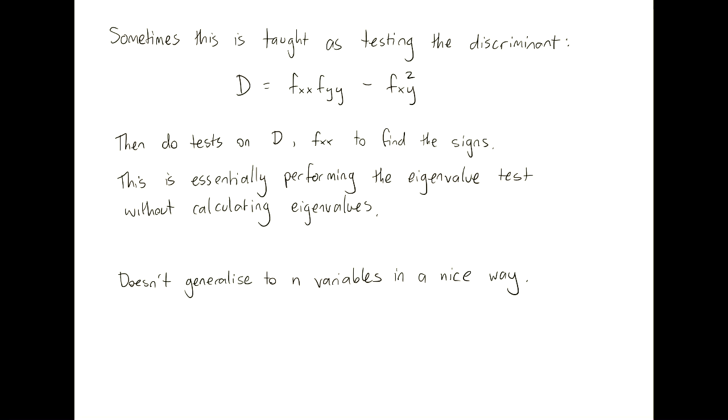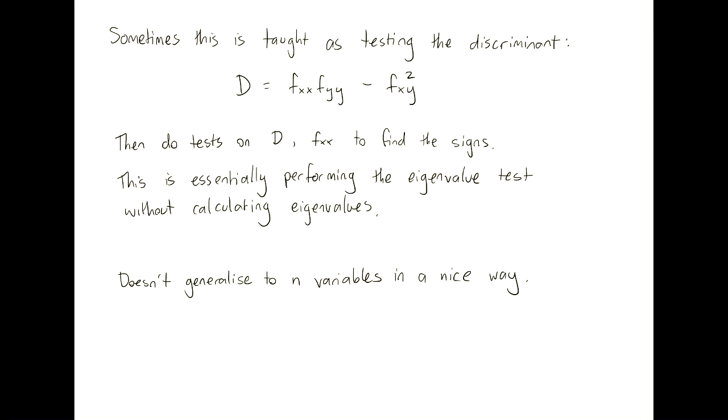Then you do tests on D and fxx, which tells you whether you have a local maximum or a local minimum or a saddle or inconclusive. But what you're doing when you do this, if this is what you learned, is you are doing the eigenvalue test. These are the criteria that tell you the signs of your eigenvalues. It makes sense. The discriminant is related to the determinant of our matrix, and the sign of fxx will tell you whether you have landed in positive or negative definite territory. So these are the same thing.